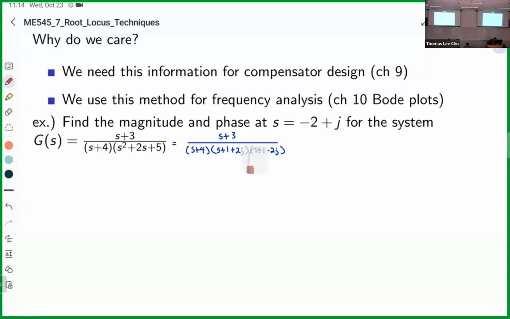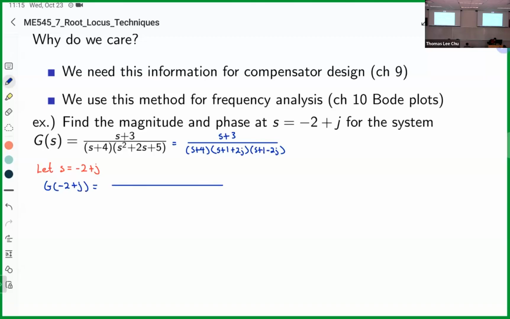Then we let S equal -2 plus J. So then we get G of -2 plus J equal to.